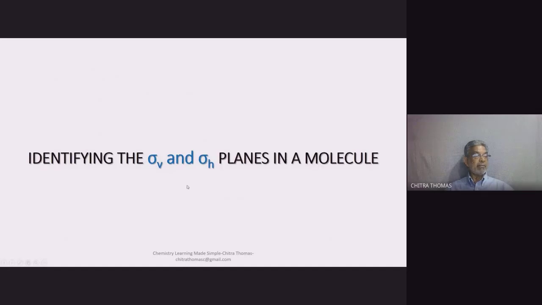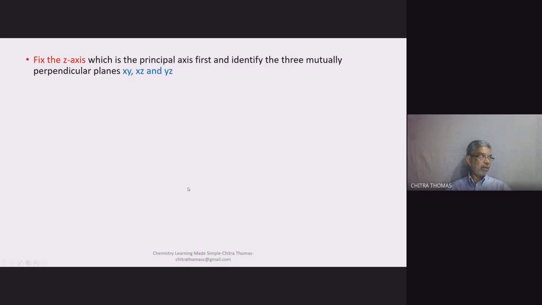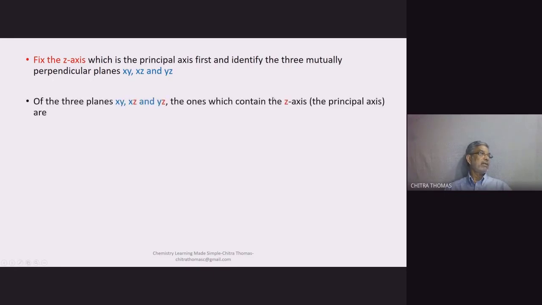Now we shall identify the sigma V and sigma H planes in a molecule. You fix the Z axis, which is the principal axis, first, and identify the three mutually perpendicular planes, XY, XZ, and YZ.